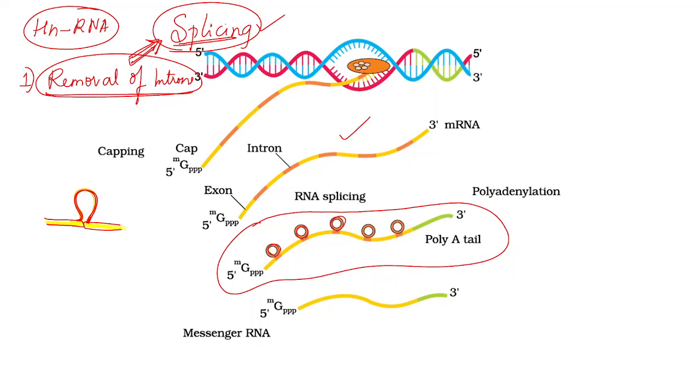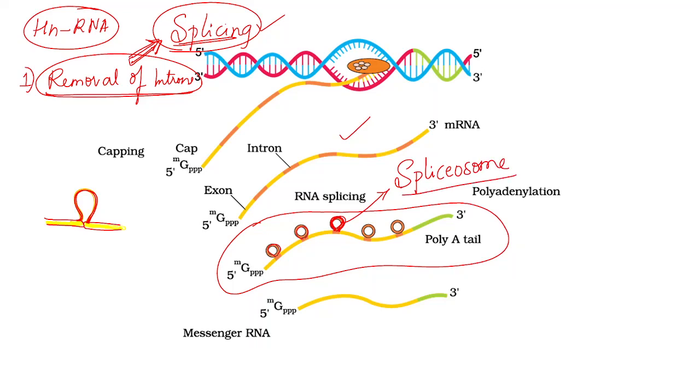The removal of introns is called splicing, and this process of removal of introns takes place by means of forming the loop, and this loop formation takes place with specialized proteins. And when it forms the loop, the structure of this loop is called what?